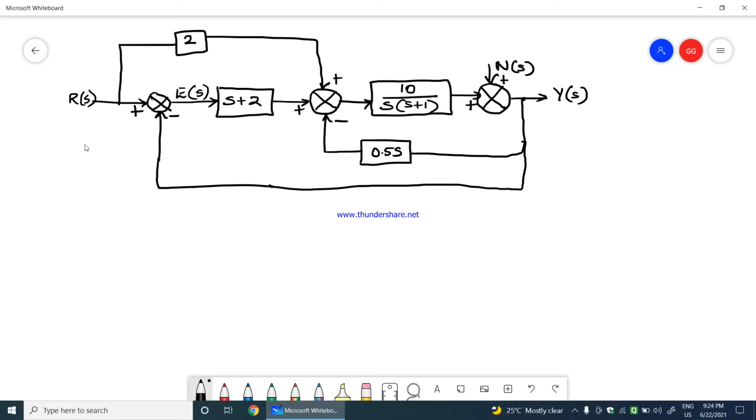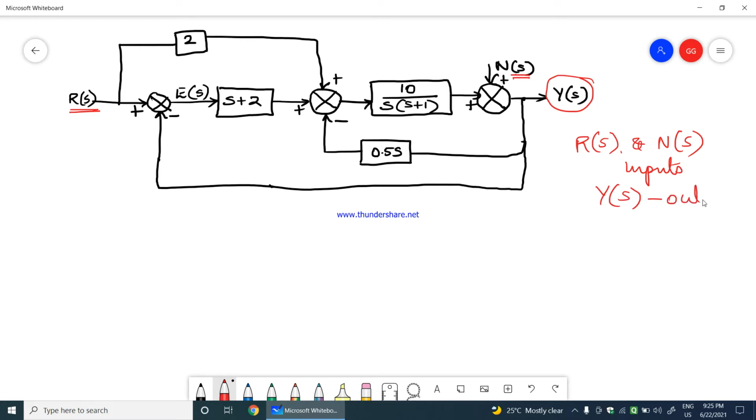Carefully look at the block diagram. We have one input here, the other input here, whereas this is the output. Therefore, R of S and N of S are inputs, where Y of S is the output.